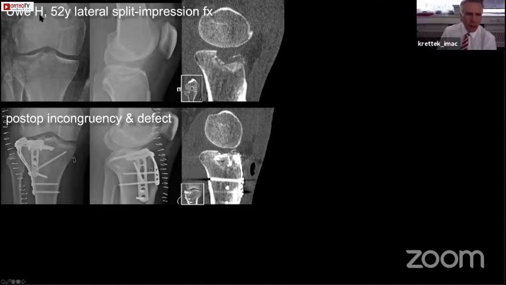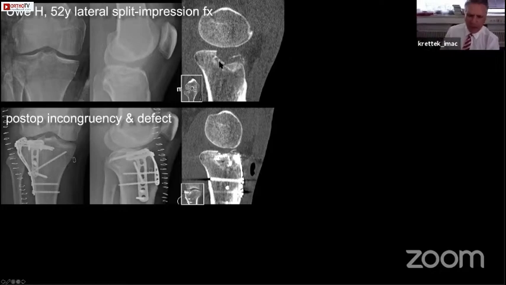And this is Uwe. Uwe is an anesthetist in a neighborhood hospital, and he sustains this lateral split impression fracture of his proximal tibia. Here's a preoperative film. It underestimates the amount of deformity, but when you see the CT scan, you see this significant anterior destruction.